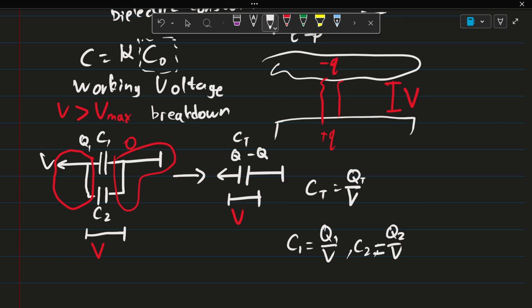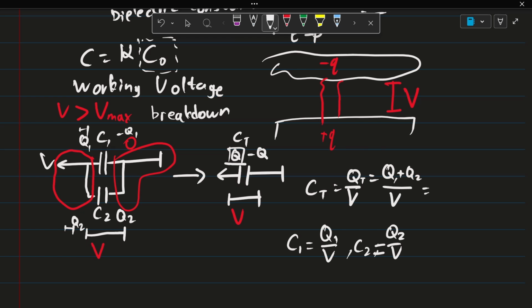So in here we have Q1 and Q2, right? That means one thing: this Q total here should be Q1 plus Q2. It's pretty much the charge from here as well as the charge from here, and this should form our Q over there. So we would get this relation.